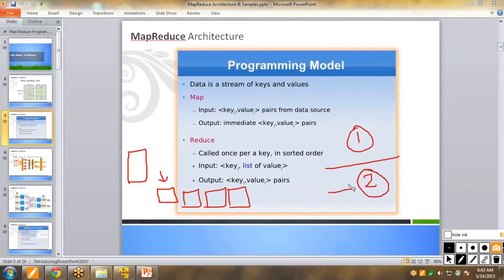Finally, in phase 2, it's mostly like a regular programming model. Basically you'll be doing sorting, filtering, those things. And at the end of phase 2, you get the output.